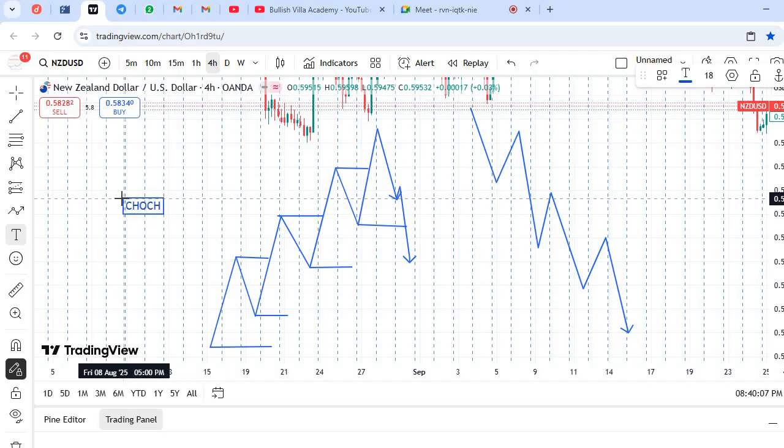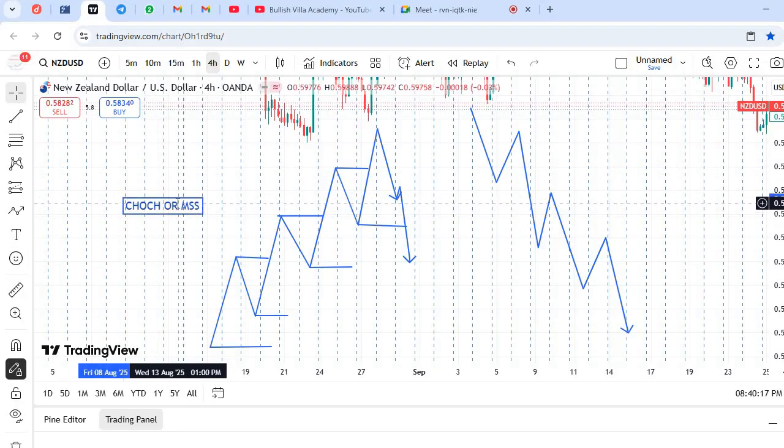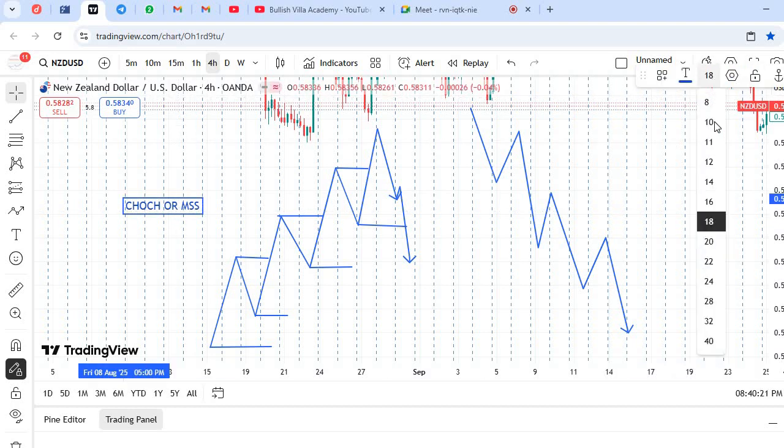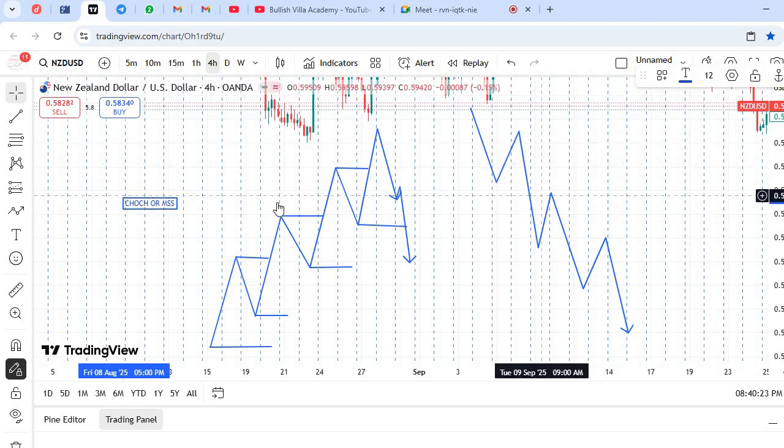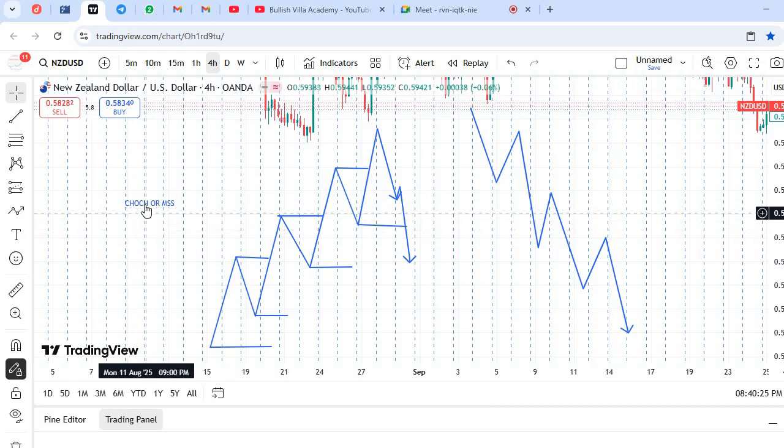Some people might call it MSS, market structure shift. This MSS is not popular. The one that is popular is change of character. So you have the change of character, or MSS.